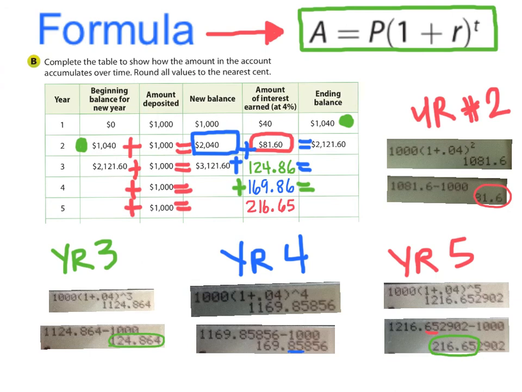Every time you do the interest, we are using this formula. We're using the same exact numbers. The only thing that's going to change is your exponent for whatever year you're working with. So I'm going to let you guys fill in these other blanks because it's just adding quantities. I helped you guys fill in the interest amounts because that was the tricky part.